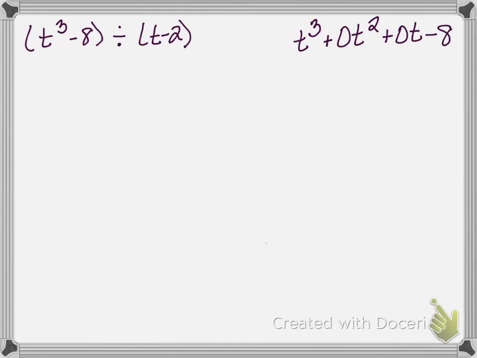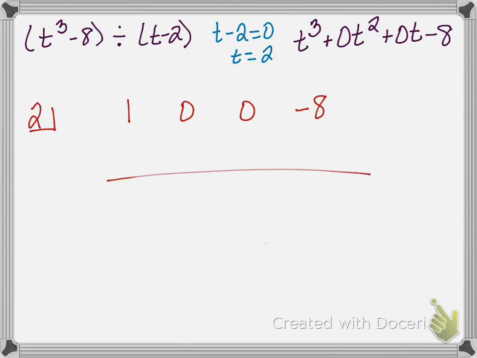So the coefficients that I'm going to use in this synthetic division problem are 1, 0, 0, and negative 8. Now I've got to find the 0 that's associated with this factor. So I have t minus 2 equals 0. So what's t? 2. So that's what I'm going to put right here.